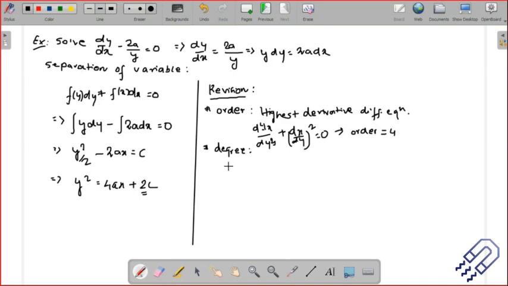On the other hand, if you take degree, maybe I can write down an example expression and then explain it better. So maybe I can take ds by dt to the power 4 plus 3 times s times d2s by dt square. The 2 which is written here is your order, which is equal to 2, and the power of this is 1.